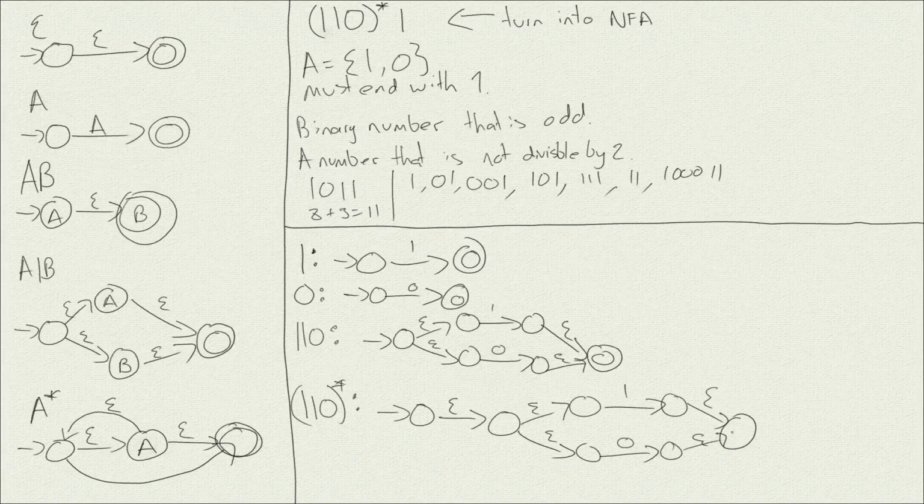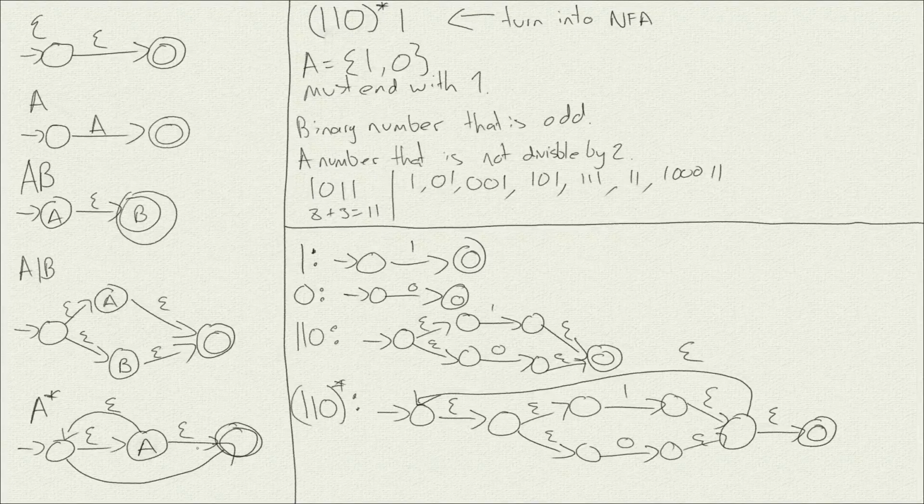So it's the lack of a character. We're just copying this pattern and putting it into this pattern. Our regular expression A is 1 or 0, and we're just substituting everything here.